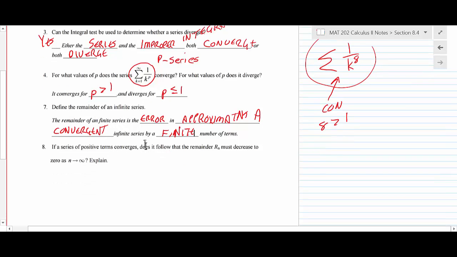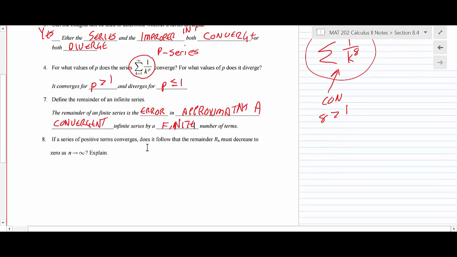And the last thing: if a series of positive terms converges, does it follow that the remainder must decrease to 0? The answer to that is yes. I'm not going to get too much into the theory behind that, because we're not going to really do anything with proofs of series.